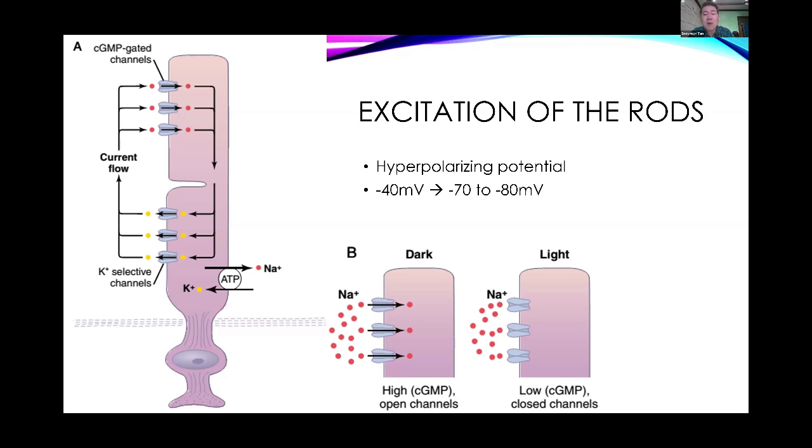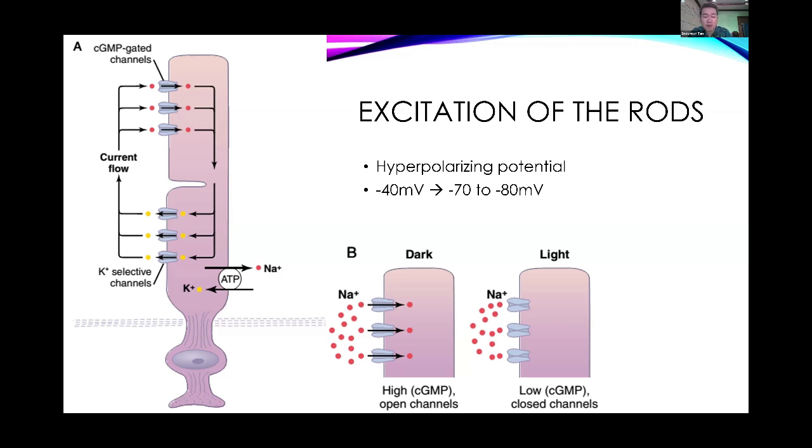When I say hyperpolarizing, it becomes more negative inside the cell. Because in depolarization, you make the inside of the cell what? If you recall physiology, if you depolarize, you make the cell more positive or less negative. Okay? So that's clear, right?